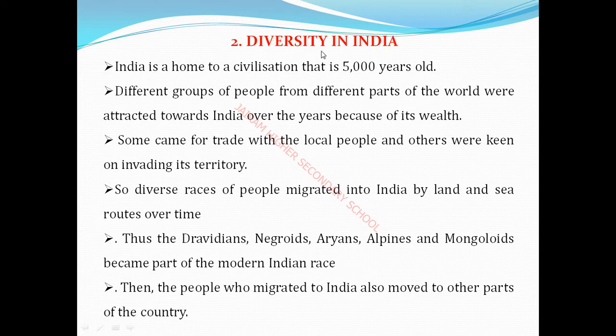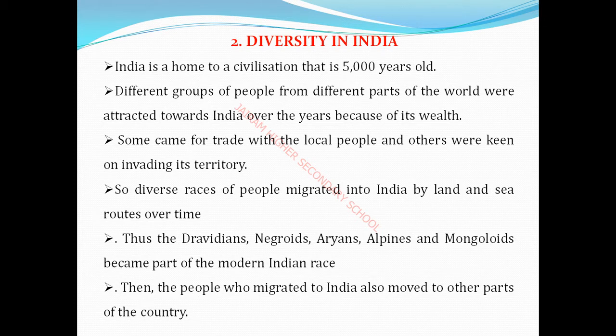The wide variety. What are the wide varieties in India? Basically, India is home to a civilization that is nearly 5,000 years old. Here the word civilization means a society which has its own highly developed culture and way of life. The people who live in different groups came from different parts of the world.